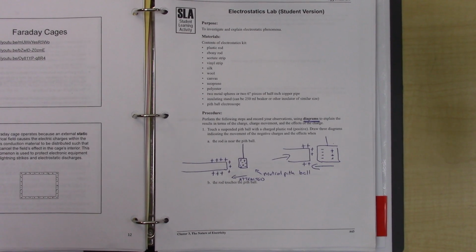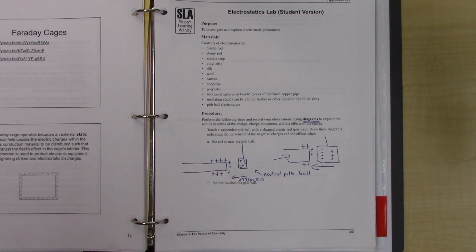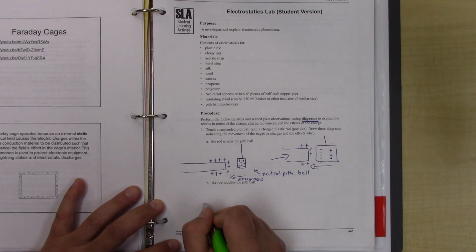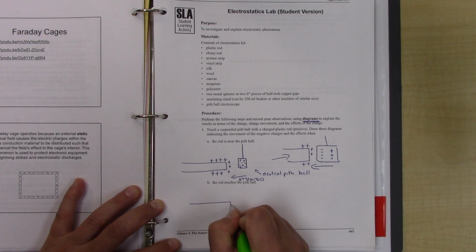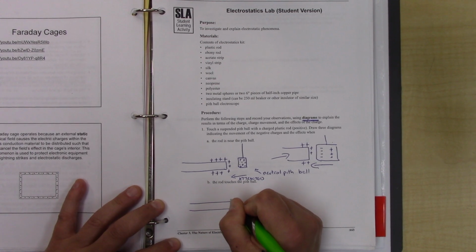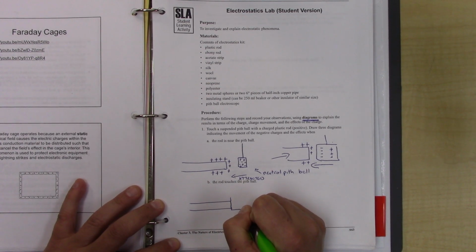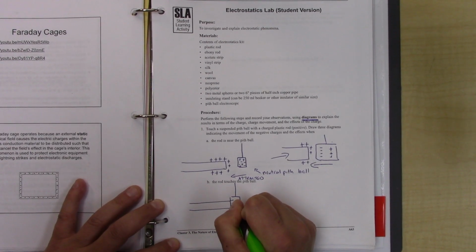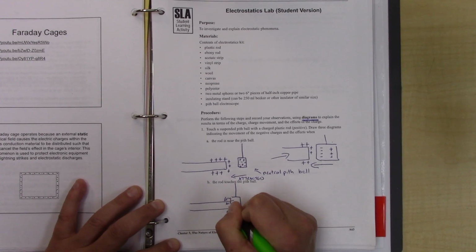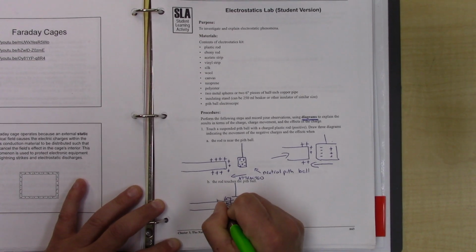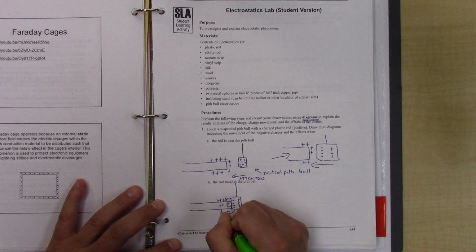Pause it as you need. The rod touches the pith ball. What happens when the rod touches the pith ball? Okay, so the moment they touch, I'm going to tell you that the second they touch, all of the negatives jump to the rod.